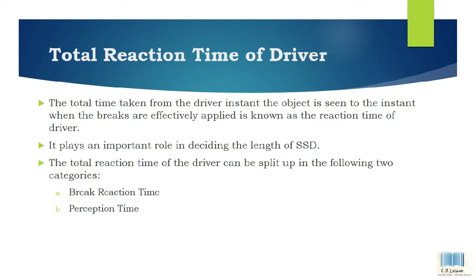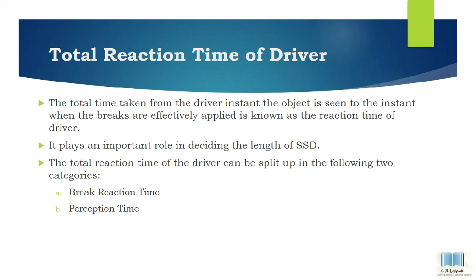The total reaction time of the driver can be split up into the following two categories: first is brake reaction time and second is perception time. The total reaction time is approximately 2.5 seconds. Now, first is brake reaction time.